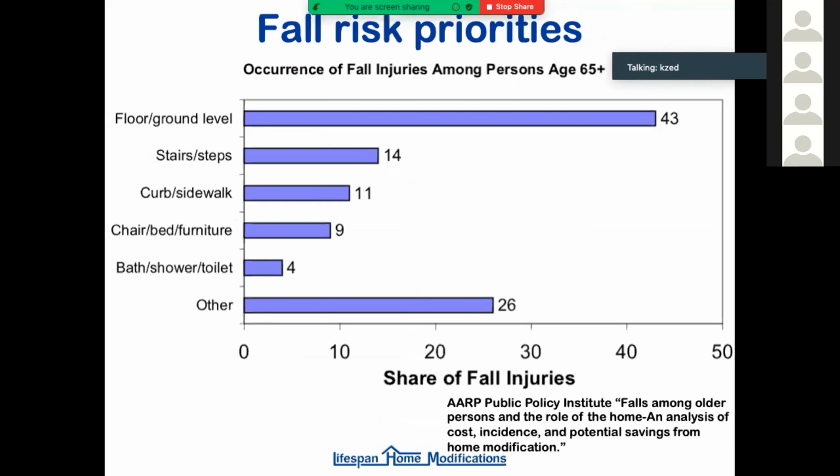Another source is AARP. They also found that floors and flooring are the number one factor in a home, and stairs and steps are the second one down. But floors and flooring are very important for our age group for fall prevention and protection.